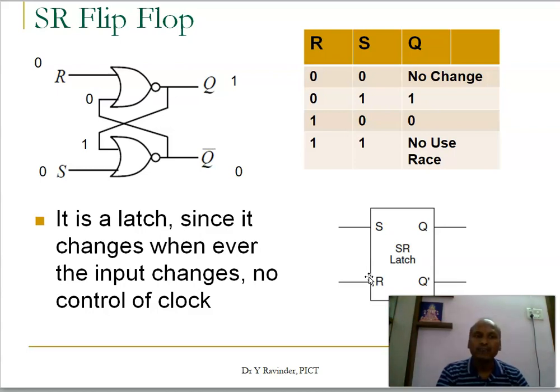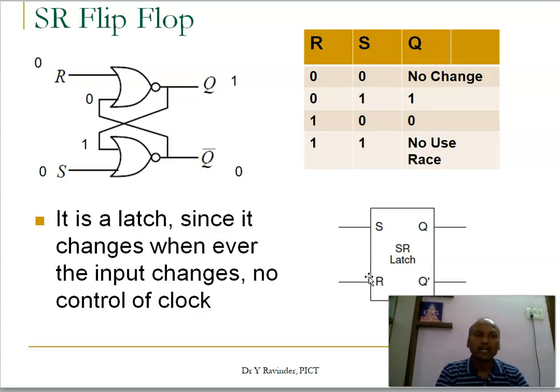Now I can control the output and I can make it enable. Whenever I want, then only the output will change. The output will not change as soon as the input changes. Whenever the SR flip-flop is enabled, then only the output will change.